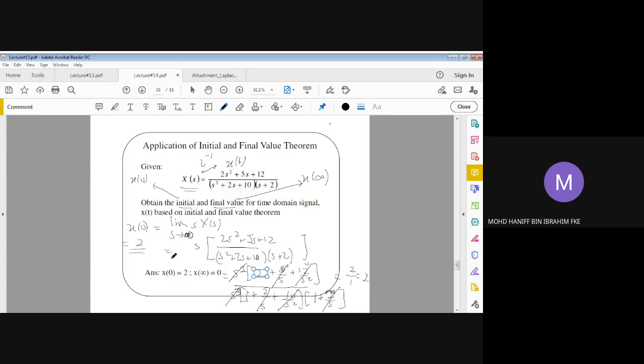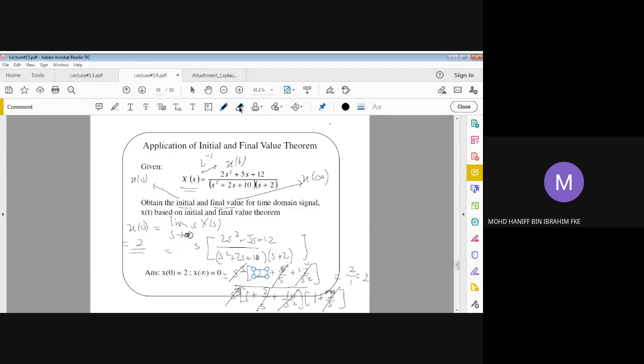So this is the shortcut method to find the initial value in the time domain for the given X(s). Hopefully you understand this concept clearly.